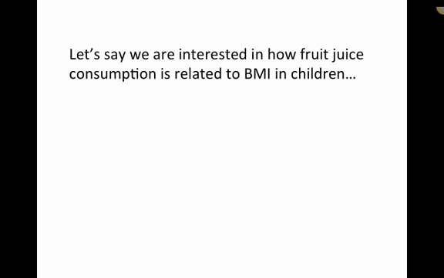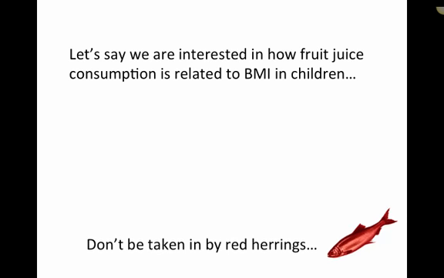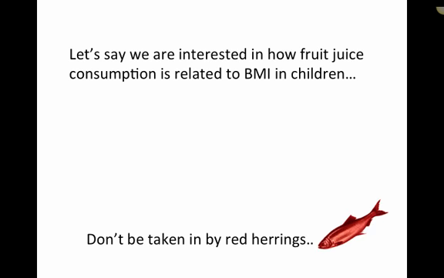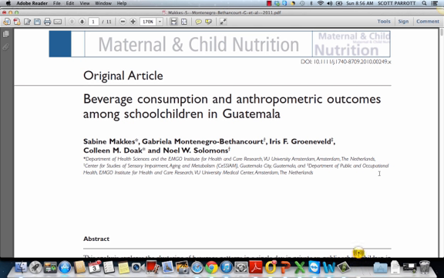So let's say that we're interested in how fruit juice consumption is related to BMI in children. Now, we don't want to be taken in by red herrings. Here's a Mackey article that's looking at beverage consumption and anthropometric outcomes in children. Let me show you what they do.